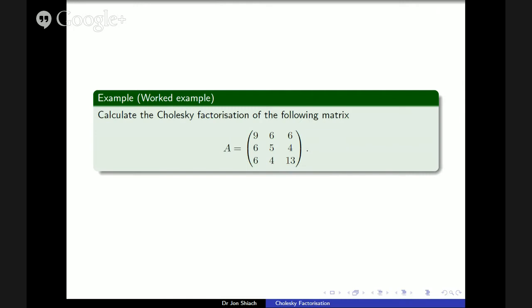Hang on, L21 was 2, wasn't it? L31 was 2, that's 4. Sorry about that. Plus L32. So therefore L32 must be 0 because 4 is equal to 4 plus whatever L32 is.